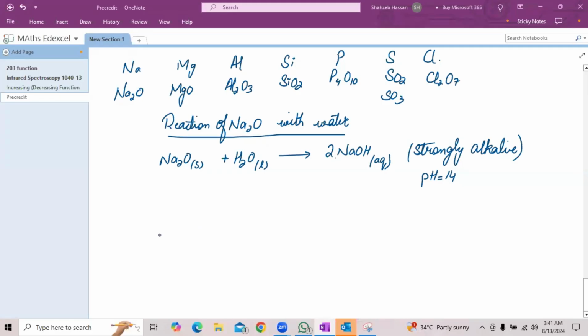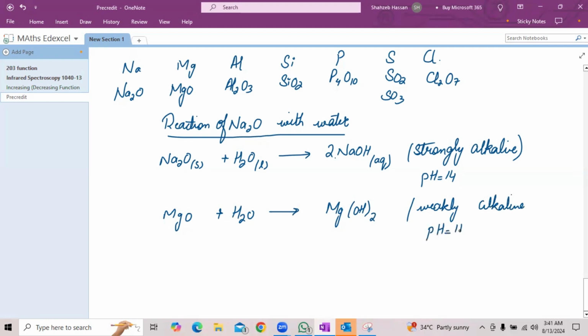Now magnesium oxide reacts with water and forms magnesium hydroxide, which is weakly alkaline, with a pH of 11. This is in solid state, this is in liquid state, and this is in aqueous form.